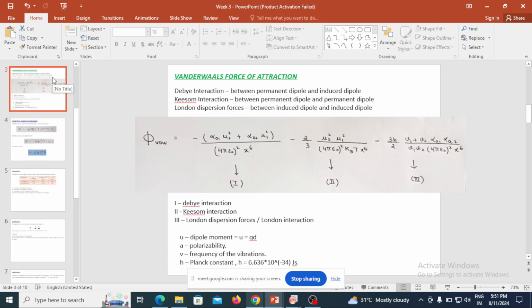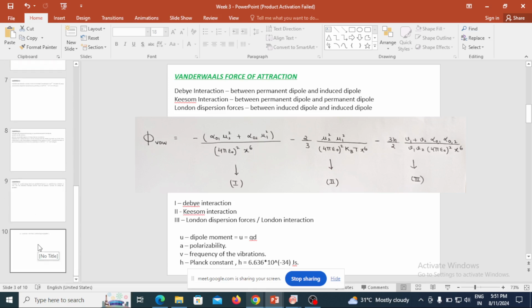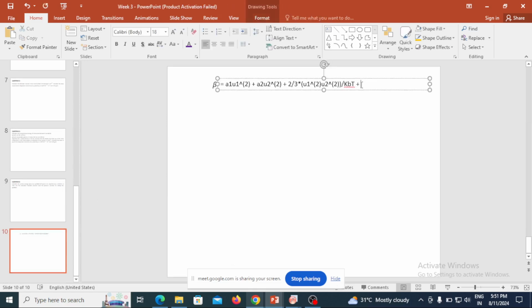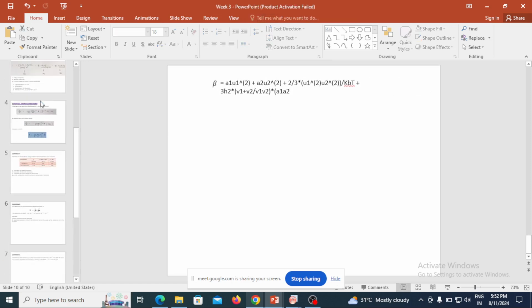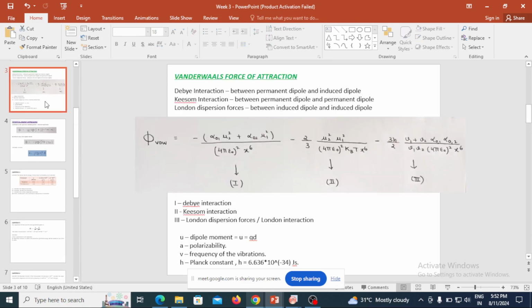So it is like 3h by 2, nu1 nu2, I mean this is nu1 plus nu2 by nu1 nu2 times alpha 1 alpha 2.